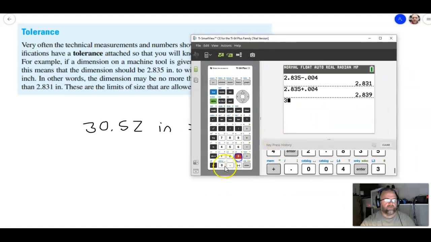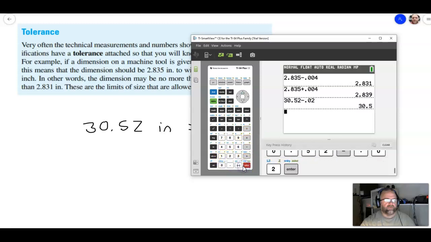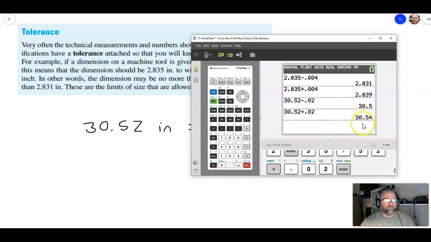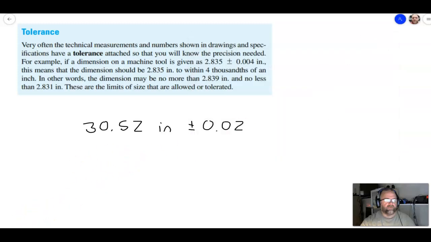So if we subtract the 0.02, that'll give us our lower limit, which is 30.5. And when we do 30.52 plus 0.02, it's going to give us an upper limit of 30.54. And that's it.